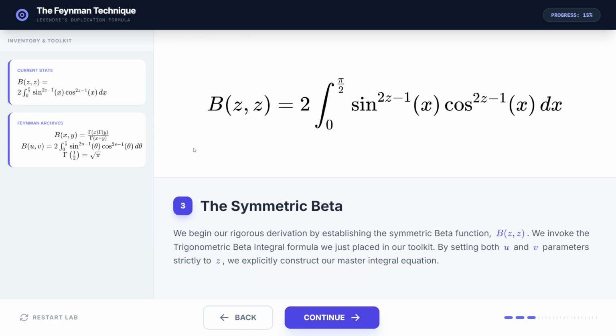Okay. So the first thing we're going to do is make a symmetric beta integral right here. In other words, we're going to evaluate beta of z comma z. So our original beta definition was the trigonometric representation of the beta function right here. And then we take beta of z comma z, and this is what we have. All right.